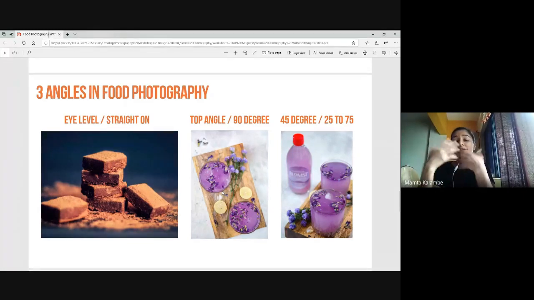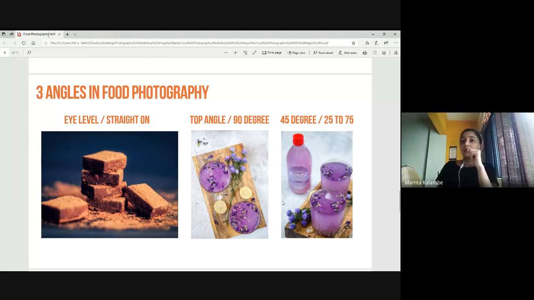Do I really want to only show the top portion? So whenever you're shooting flat lay, you have to make sure that the top part of your food is of interest. Also, with the flat lay, the easiest thing is that you can place ingredients very quickly around it, to help it look aesthetic.